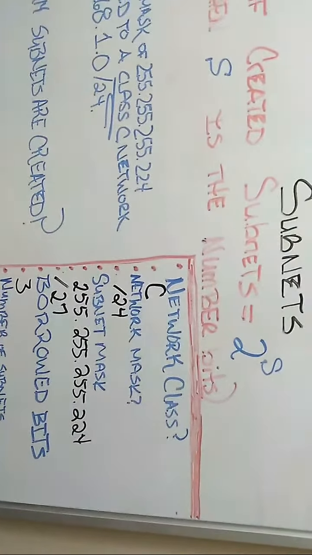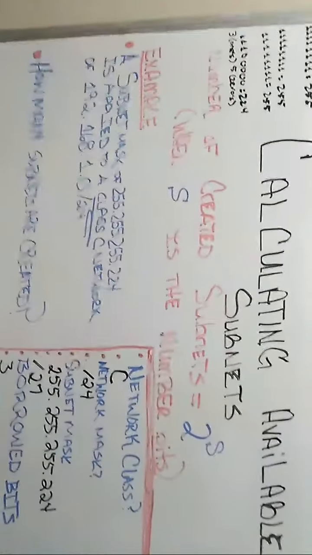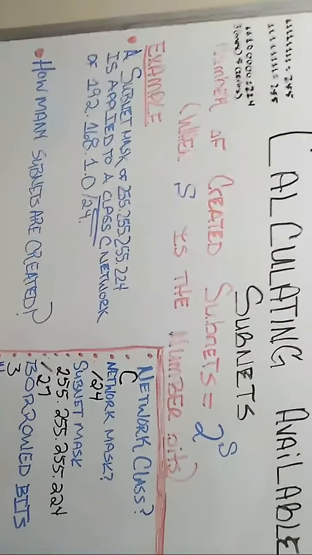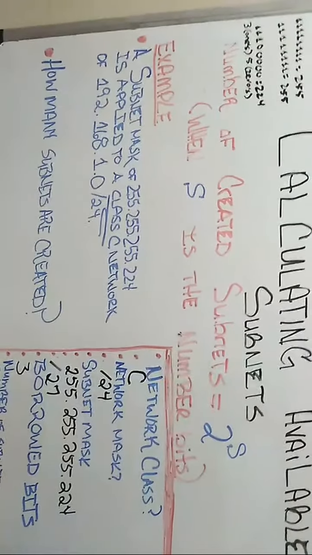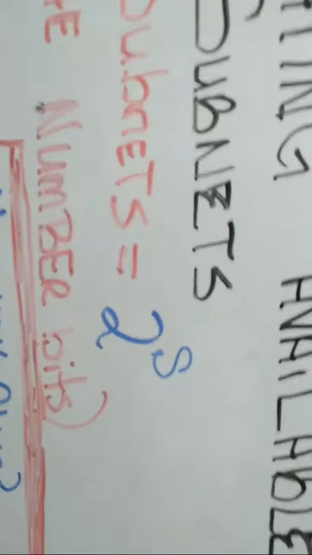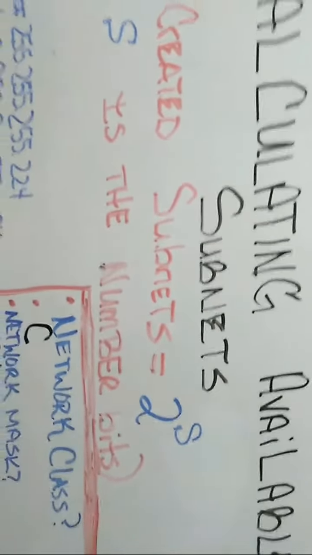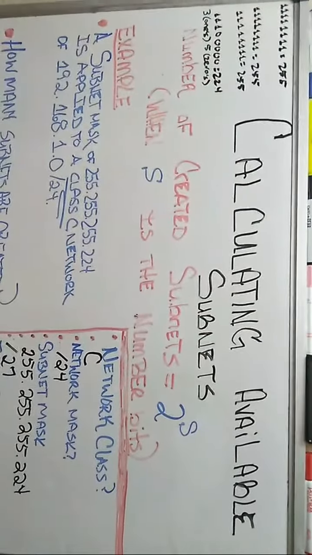So we will calculate the number of subnets that we create when we add bits to the subnet mask. It's 2 to the power of S, where S is the number of borrowed bits.